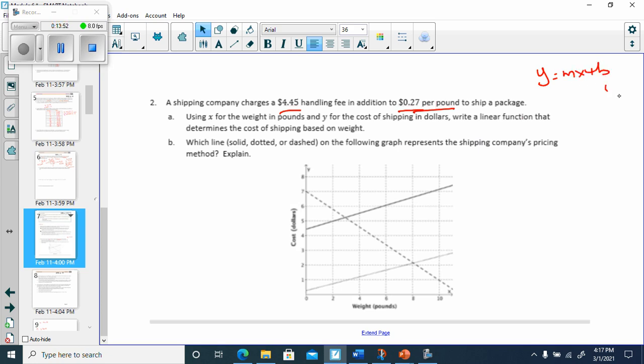Our b is $4.45. That's our starting fee. Our rate of change is 27 cents per pound. Okay, so it's 27 cents per pound times the number of pounds plus $4.45. Which one of these, A, B, or C, corresponds to that? Well, if you're starting at $4.45 and going up, A is the one that corresponds to it.